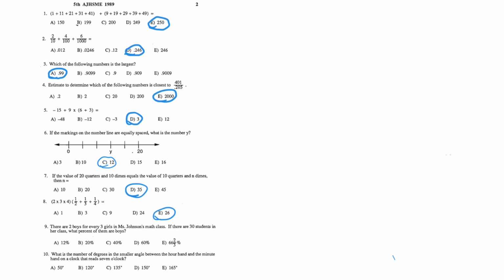Number 9. There are 2 boys for every 3 girls in Mrs. Johnson's math class. If there are 30 students in her class, what percent of them are boys? The boys to girls ratio is 2 to 3.